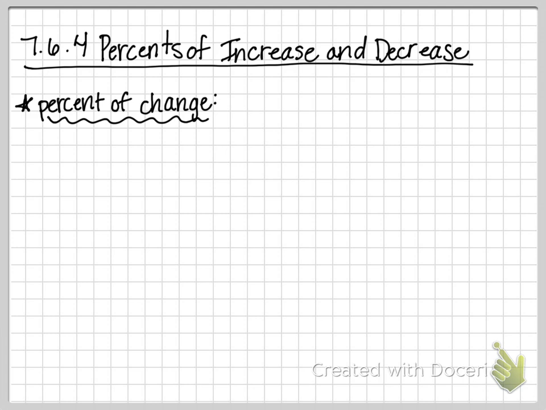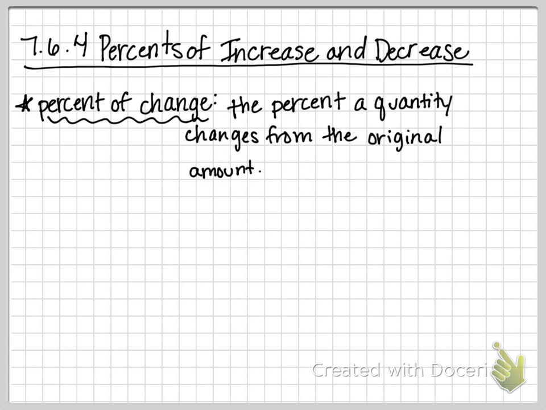So percent of change is what it sounds like. It's the percent a quantity changes from the original amount. So if you have an original amount of something and then it gets more, then that's an increase by a particular percent. Or if you have a certain amount of something and it decreases, then that is a decrease by a certain percent.